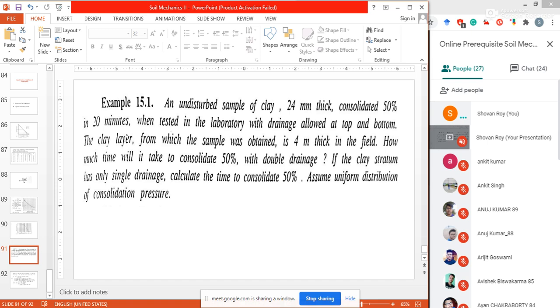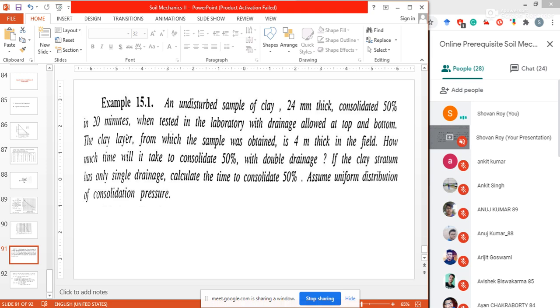From this timing and this percentage value, we can understand the behavior of the sample, the behavior of our soil also. This is important. Time is important, and the consolidation percentage is also important to identify our soil: how porous it is, how many voids are present in the soil mass.